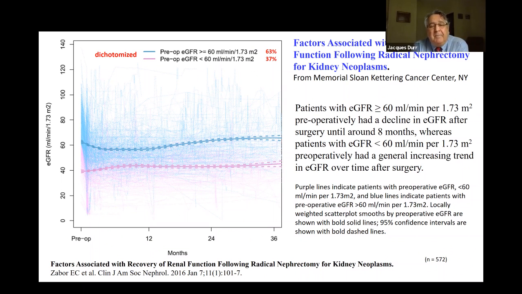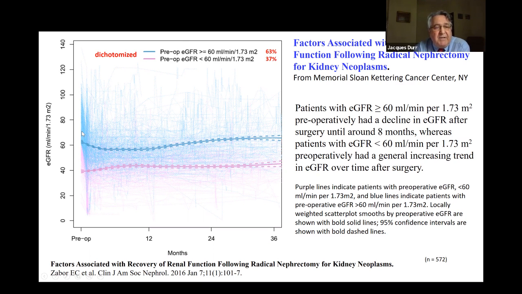Another study from Sloan Kettering looked at about 500 some patients, and they dichotomized them, a little bit a la Levey, into patients with a GFR above 60 and patients with GFR below 60. And they followed their creatinine post-surgery.